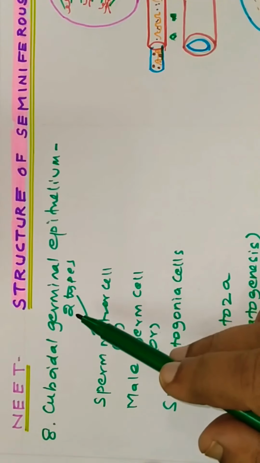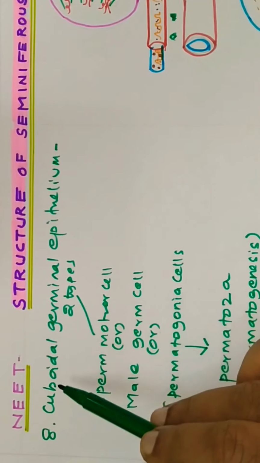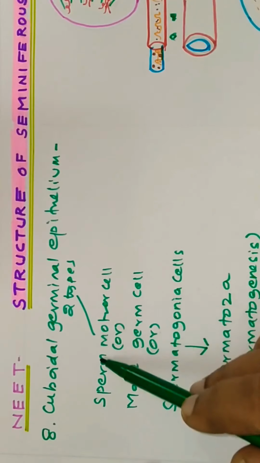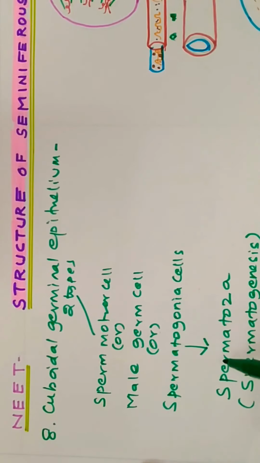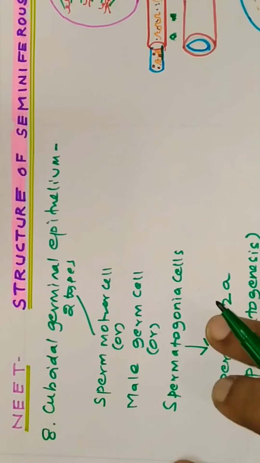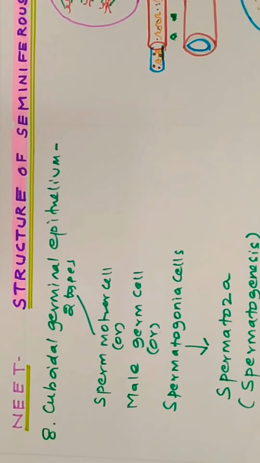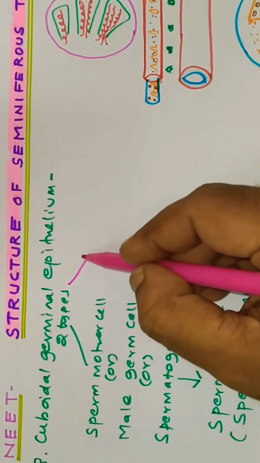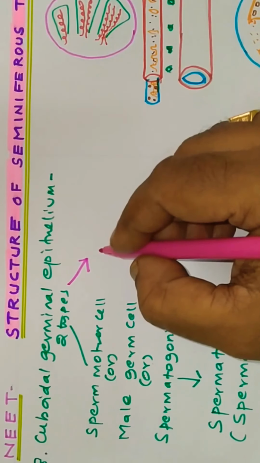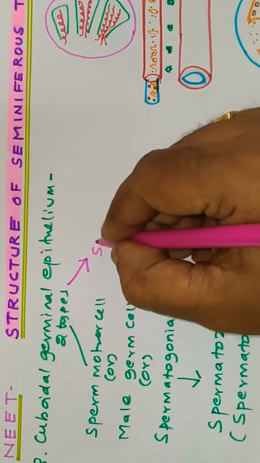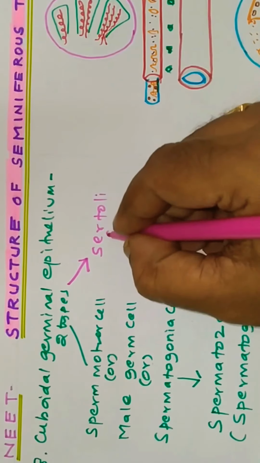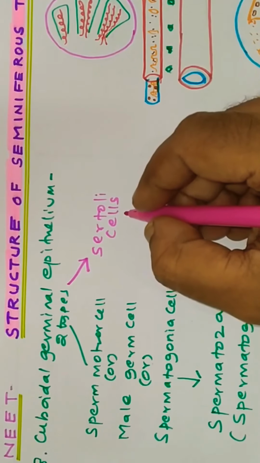So the inner layer is called cuboidal germinal epithelium, made up of two kinds of cell. One is the sperm mother cell or male germ cell or spermatogonia cell, which produces the spermatozoa by the process of spermatogenesis. Another kind of cell, as I said already in the diagrammatic explanation, is a large columnar cell. The large columnar cell is termed the Sertoli cell.